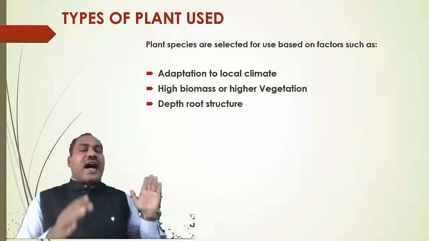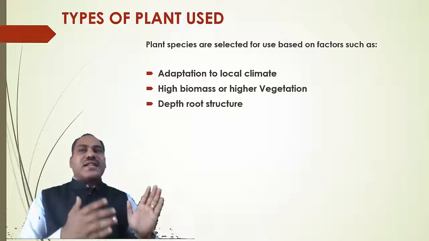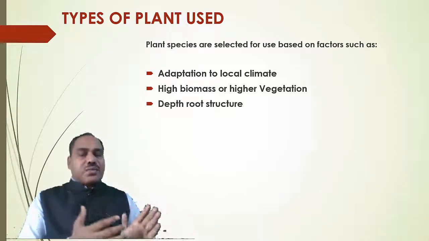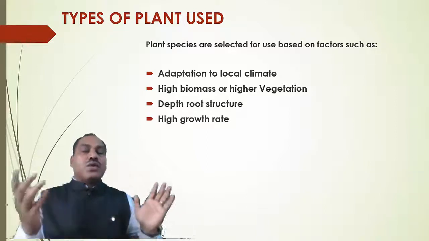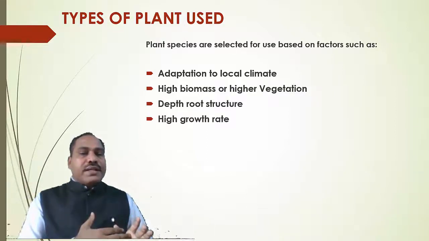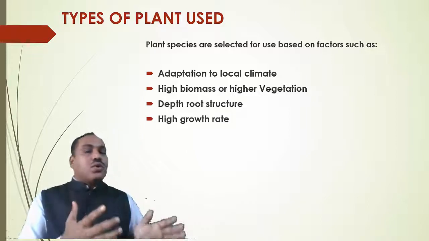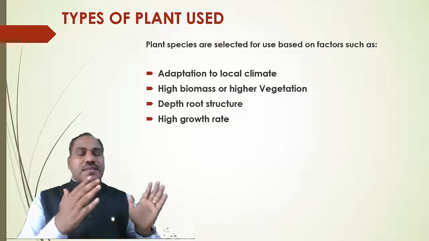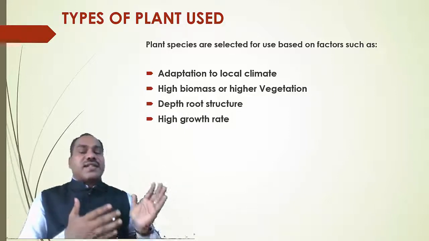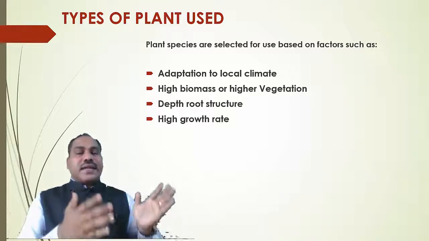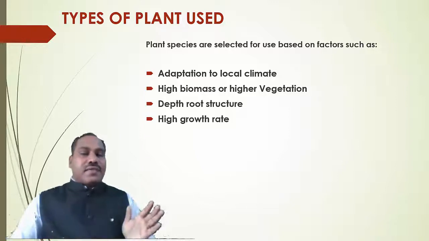The next is high growth rate. The life cycle should be short, so that its growth will be more. If the growth is more within a short period of time, then it is able to accumulate more contaminants such as metals, pesticides and pollutants in the plant body.